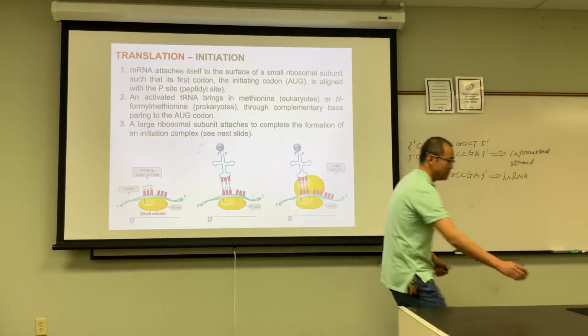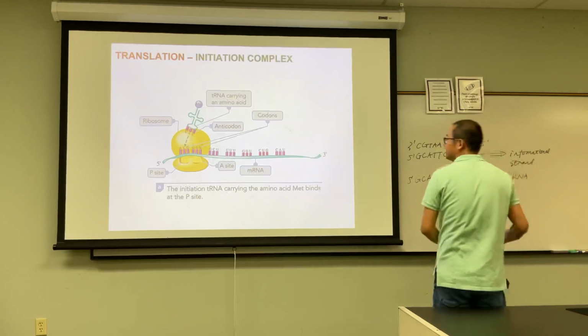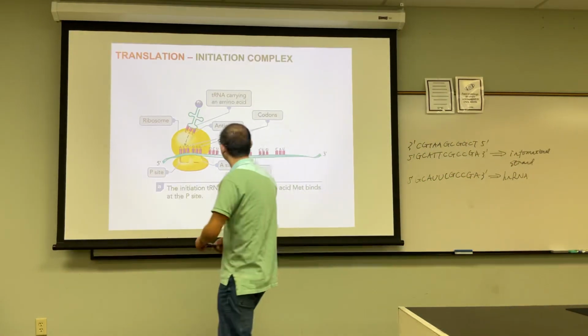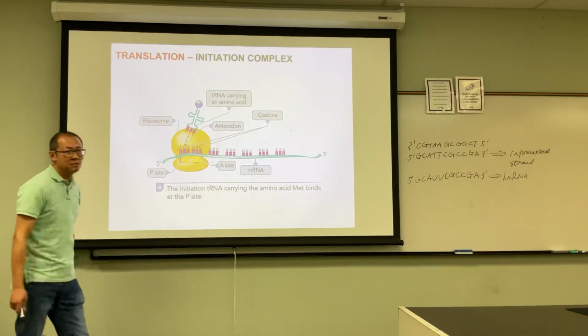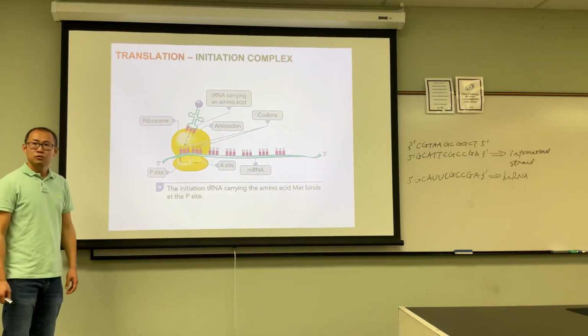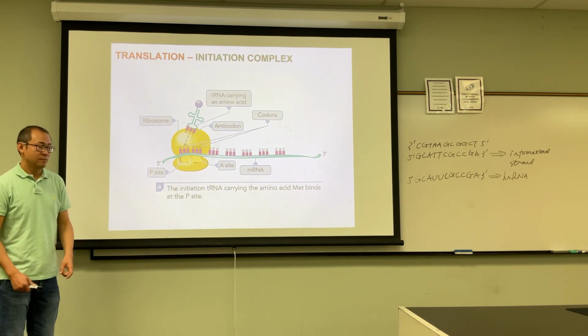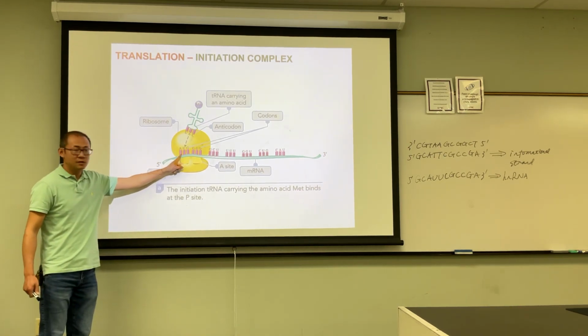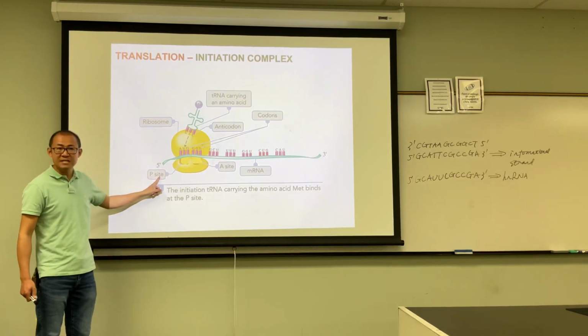Then, take a look. The factory contains 2 codons. We call those 2 codons 2 sites. The site on the left is called the P site.